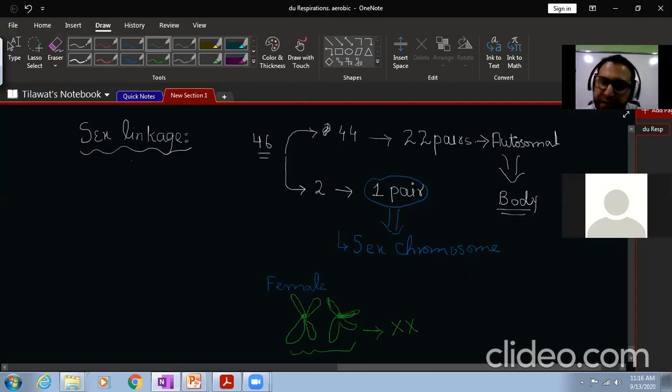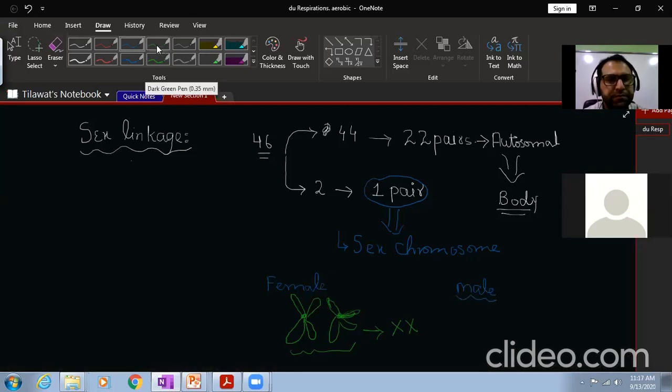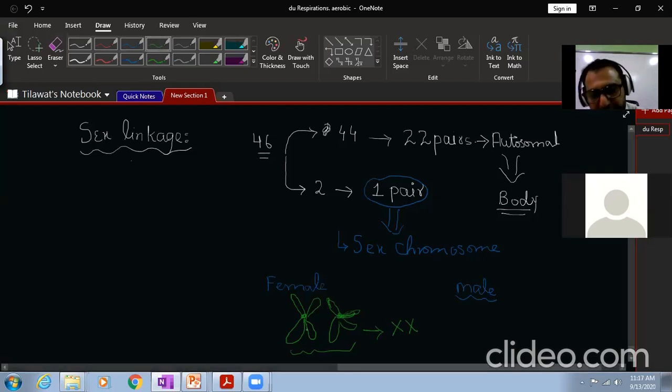While in male, these two chromosomes, one is the same just like that in female, right? While the other chromosome is small, not similar.